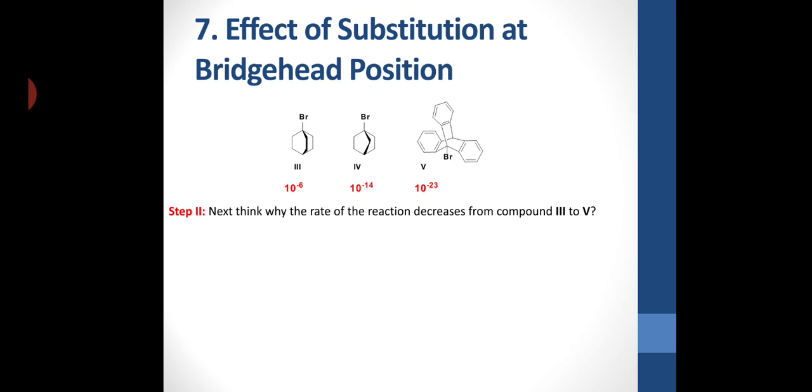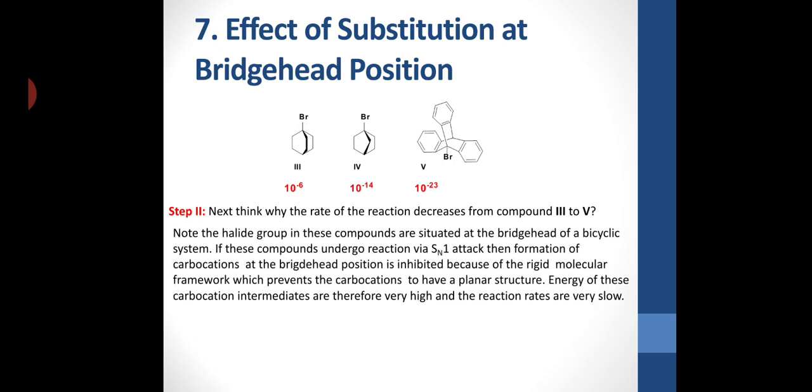If the reaction proceeds via SN1 mechanism, then there will be a formation of carbocation at the bridgehead carbon, which is very difficult because of the rigid molecular framework which prevents the carbocation from being planar. Therefore, the energy of the carbocation intermediate increases and the reaction rate decreases drastically.